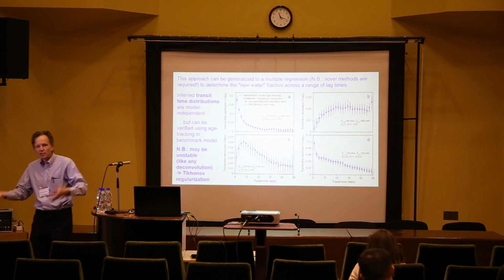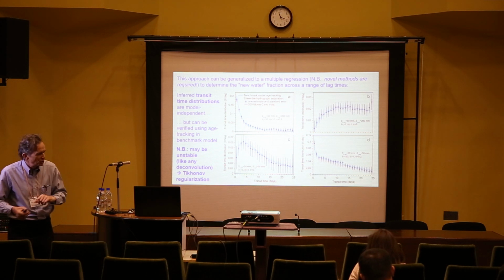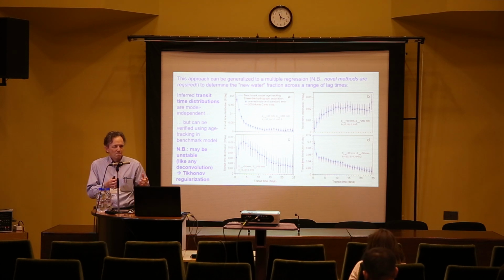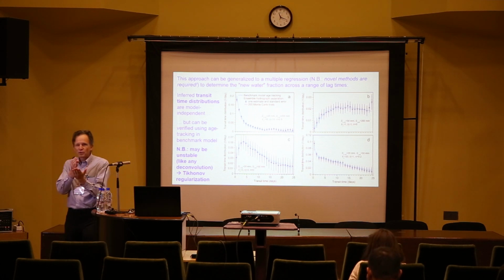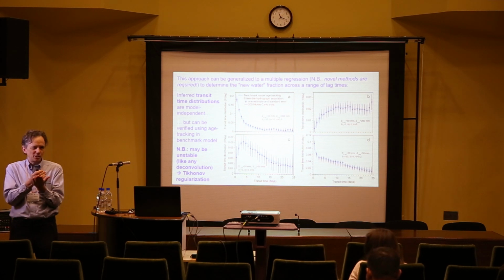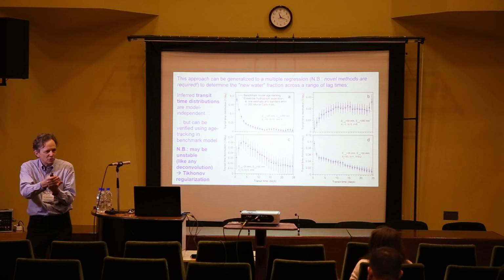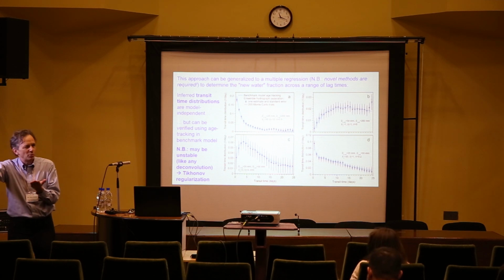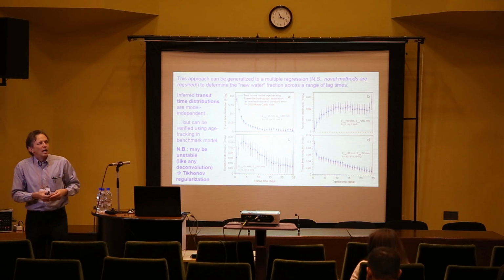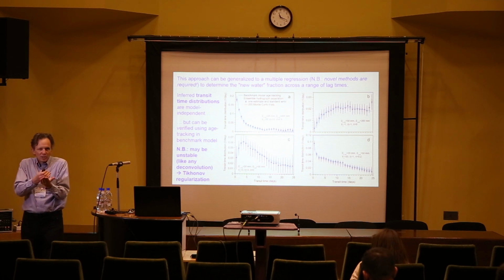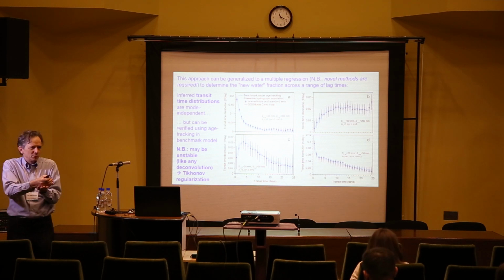Now, you can generalize this approach. We're just a few slides away from the end. You can generalize this approach to look not just at the contribution of today's rainfall to today's stream flow, but also yesterday's rainfall, and the day before that, and the day before that, and so on. So just like if we look at one time lag, we have something that looks a lot like linear regression.